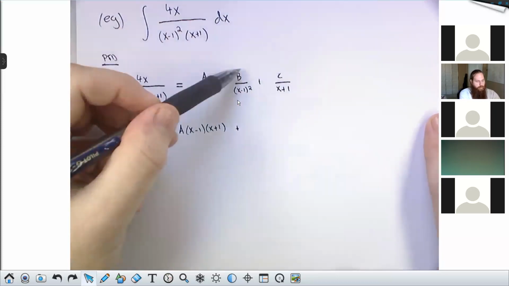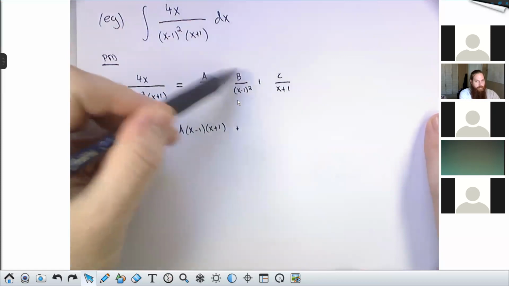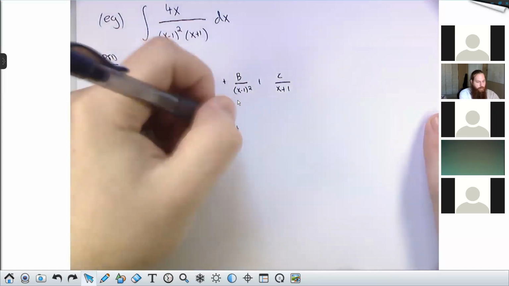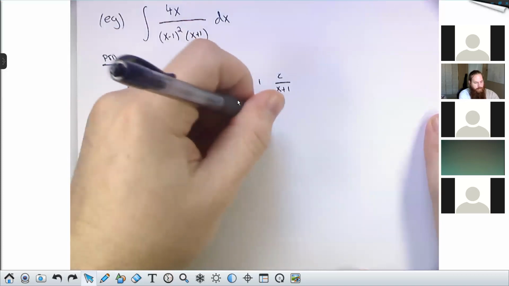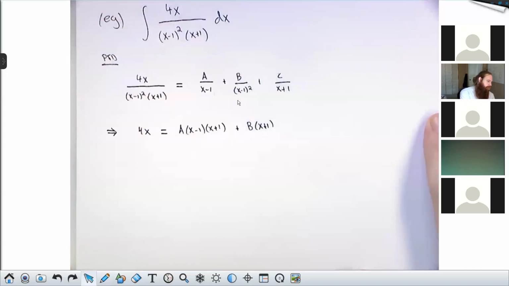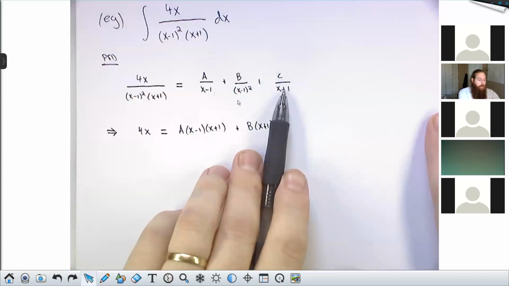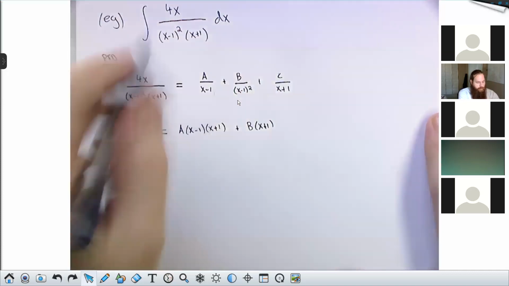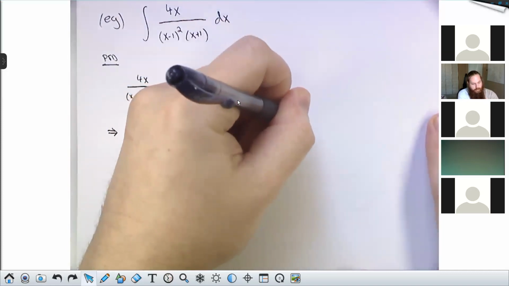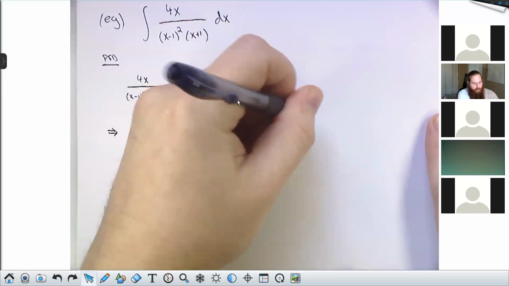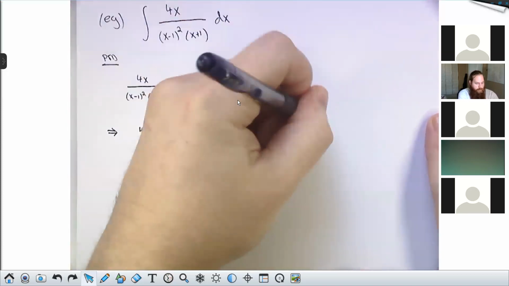Plus, when I multiply this term by x minus 1 squared times x plus 1, both of the x minus 1's cancel, and just the x plus 1 remains. When I multiply this one by x minus 1 squared times x plus 1, the x plus 1 cancels, and you just get c times x minus 1 squared.